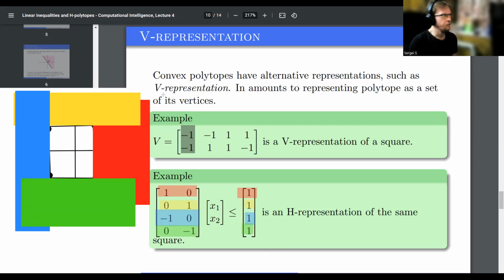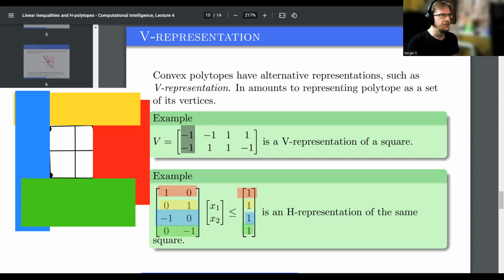Which one is nicer to use depends greatly. Usually the problem you want to describe can only work with one of those two representations, and both of them are useful, but usually only one can work in any particular problem. So you have to know both, and you should be able to go from one to another.